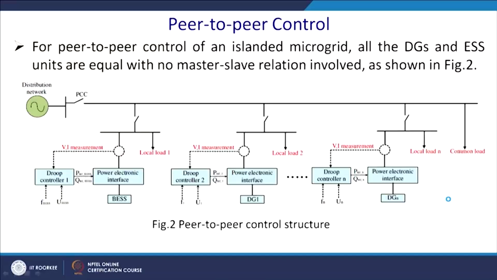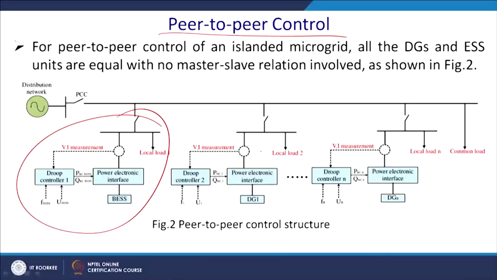Now, let us talk about the peer to peer control. So, all are equally weighted. What happened? We split our microgrid into some nanogrids here, and individually all have a control.